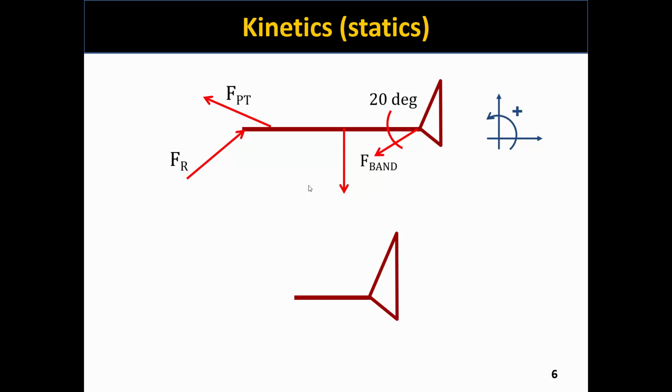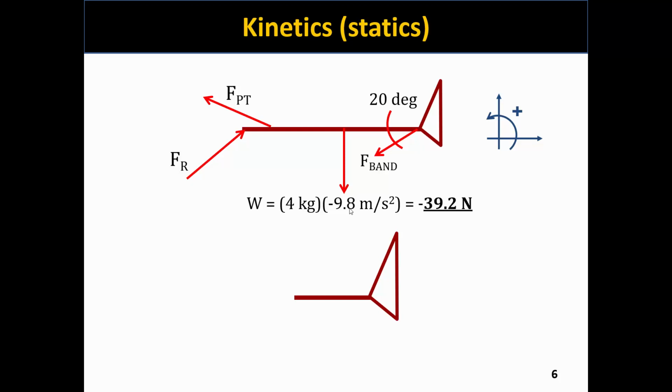system. The one vector I don't have labeled here right now is the weight vector, and that's because I'm going to work in the actual values. So here we see that the weight of the leg is calculated from the mass of the leg, which was given to us as 4 kilograms, times the acceleration due to gravity, which is negative 9.8 meters per second squared.